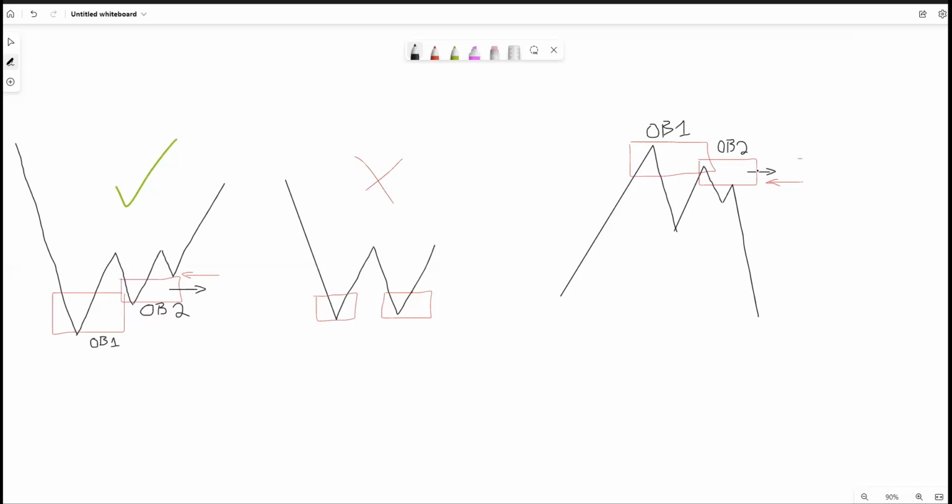But that's really where the sensitivity lies, because if it's not a valid propulsion block, then it's gonna go higher probably anyway, or lower probably anyway, and then you're gonna get stopped out anyway. So that's what's nice about a propulsion candle, is that if you've identified it to be a propulsion candle, you can use very tight stops and use the little bit lower or a little bit higher than the 50% mean threshold of order block 2.